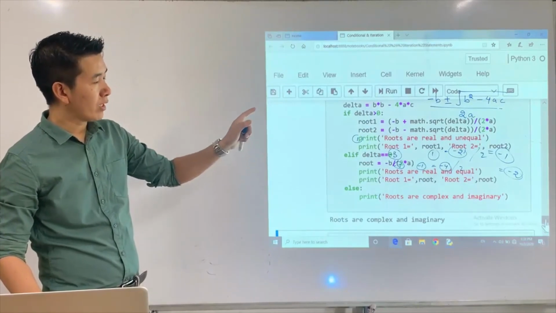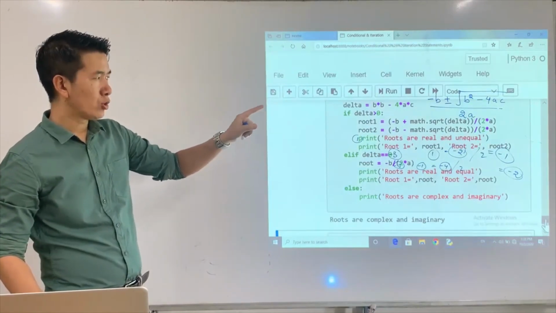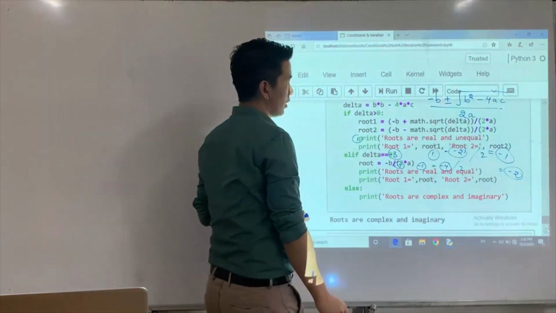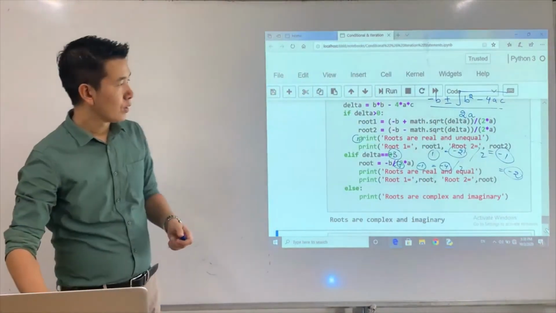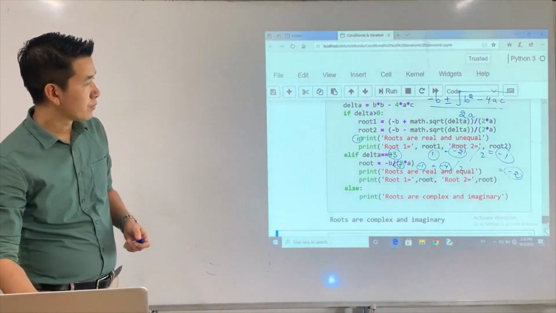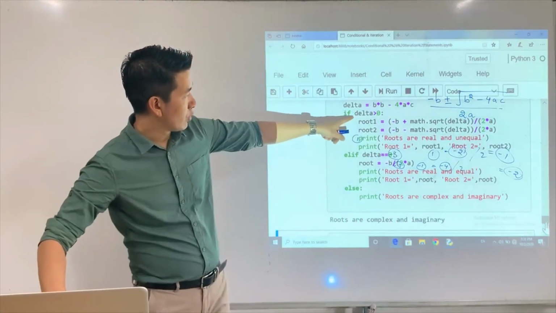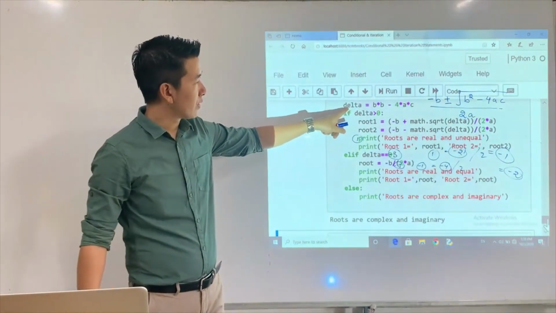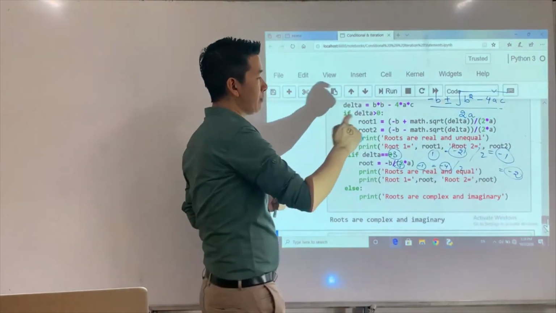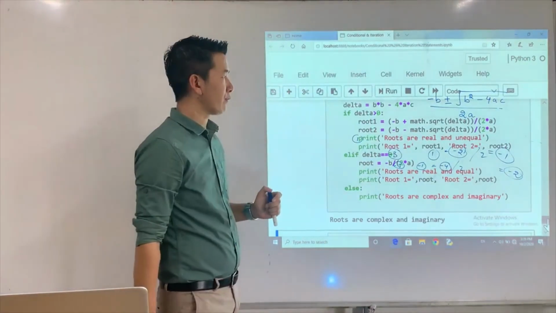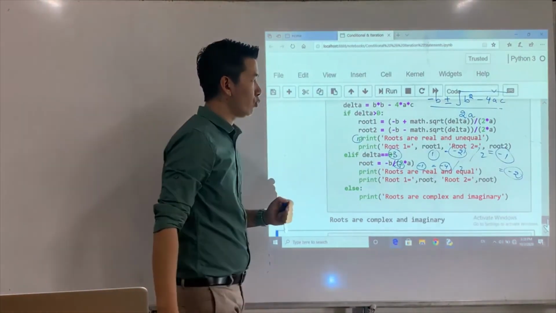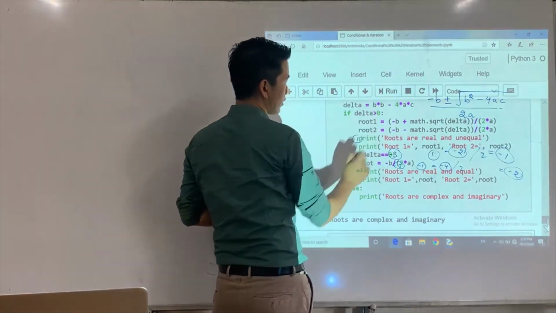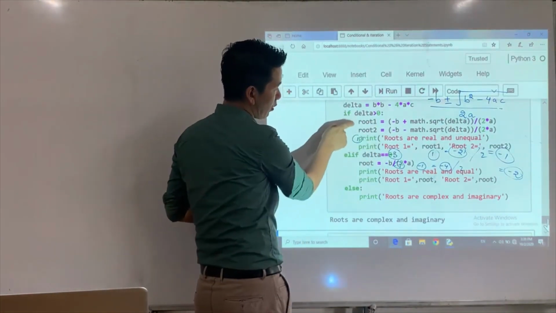So when you actually move on with the calculation, b square minus 4ac will give us a negative number. Okay, in which case this statement will be false. If the value of a, b, c are 1, 2, 3 respectively, the value of delta for sure will be a negative number. This condition is false, so the whole block will be skipped.